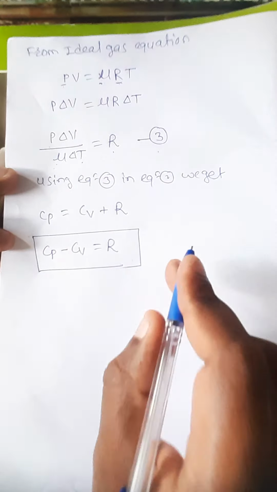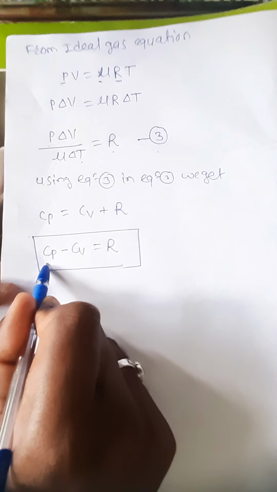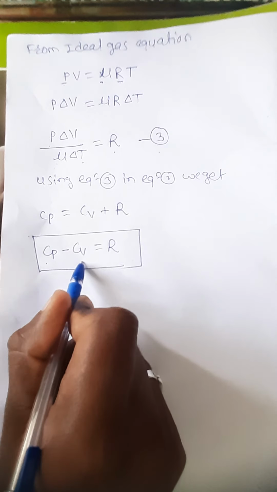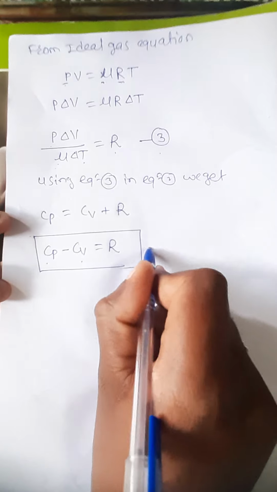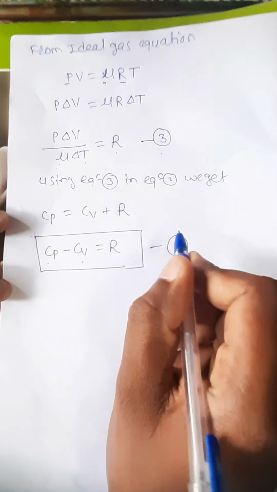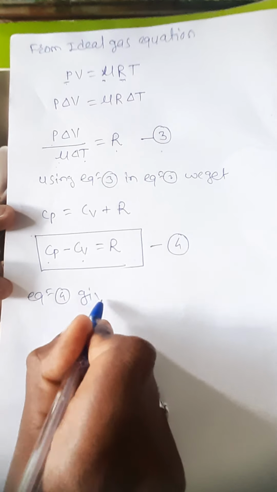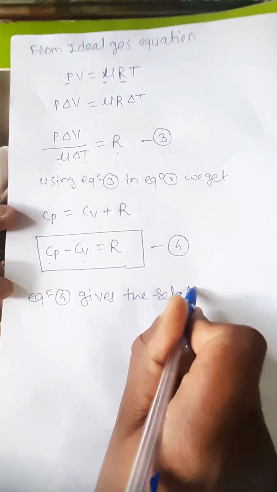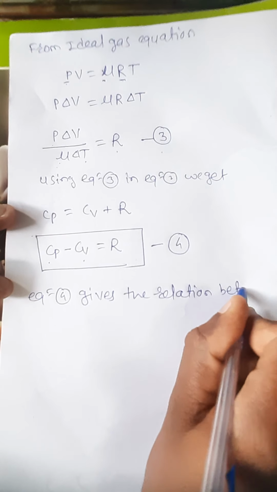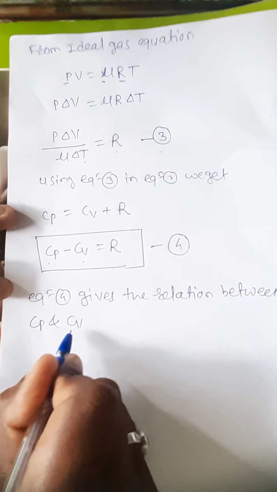Now this is the relation between the molar specific heat capacity at constant pressure and the molar specific heat capacity at constant volume. Therefore Cp minus Cv is equal to R. This is equation 4. Equation 4 gives the relation between Cp and Cv.